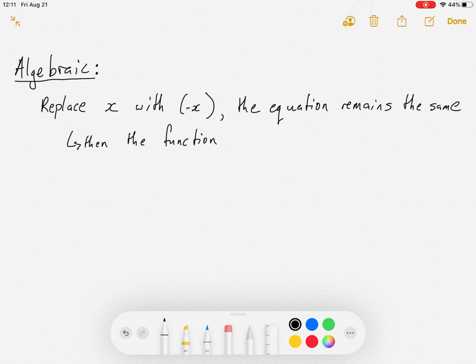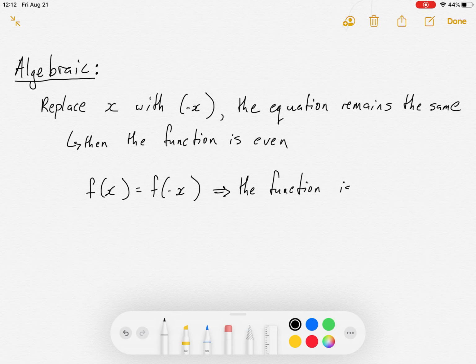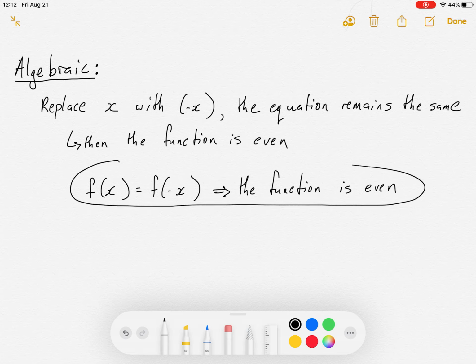And so what this means with function notation is if I have f of x, that should be the exact same as f of negative x. So if this is true, then the function is even. So this is a rule you might want to have highlighted or something in your notes. That is an important rule.